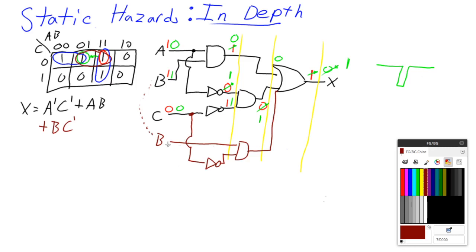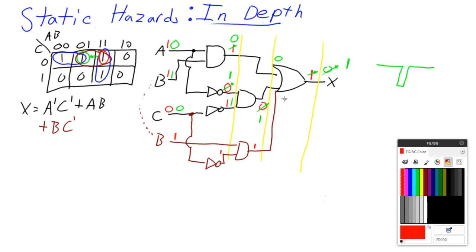So now when we're in our red state, that means we've got a 1 here, right, because it's going through an inverter. So that means our output is also a 1.